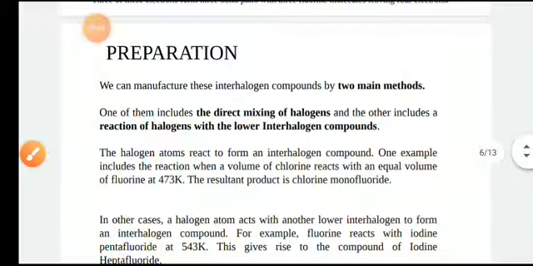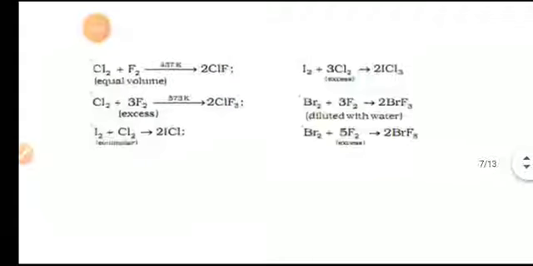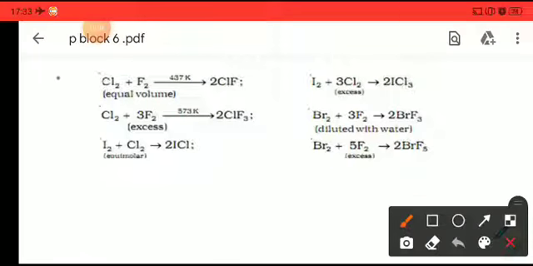So how can we prepare the interhalogen compounds? We can prepare them by direct mixing of halogens. In all these reactions we can make an interhalogen compound by reacting one halogen with another at a suitable temperature. Here fluorine and chlorine react to form ClF, the interhalogen compound, at about 437 Kelvin.